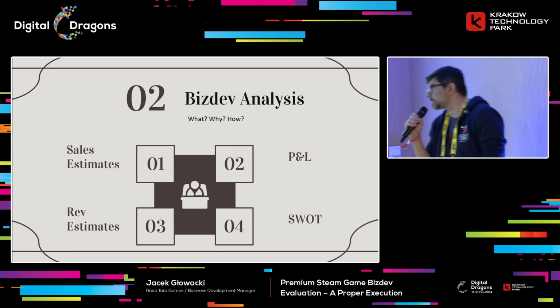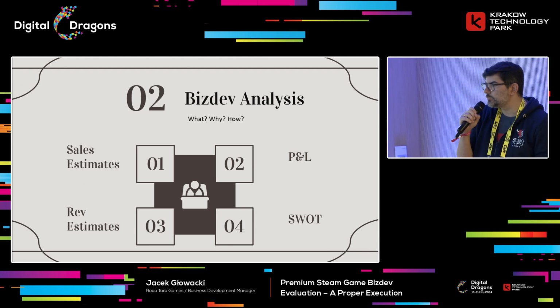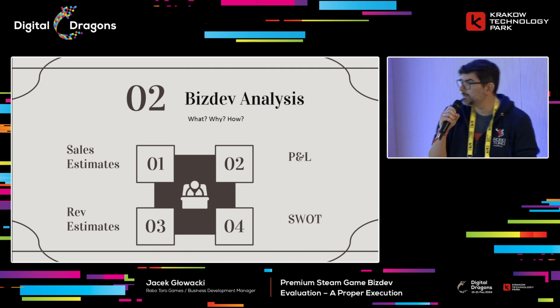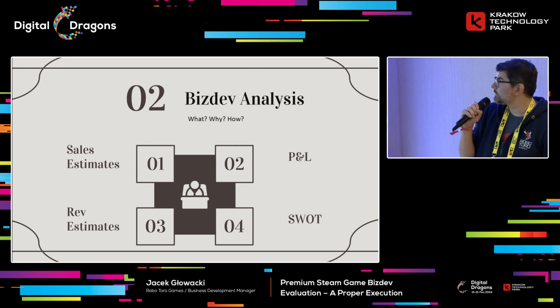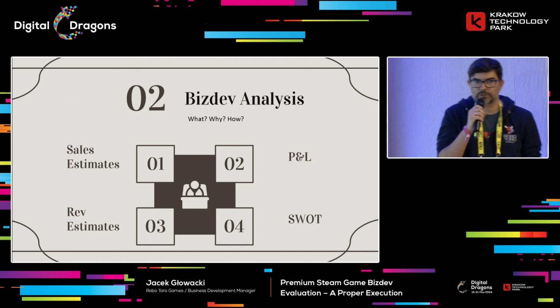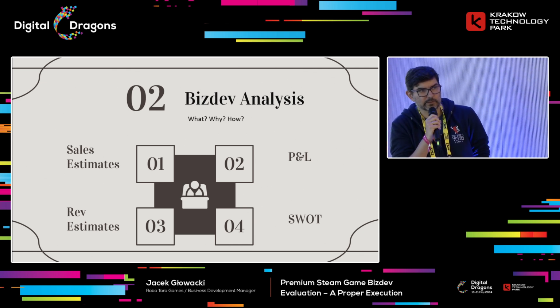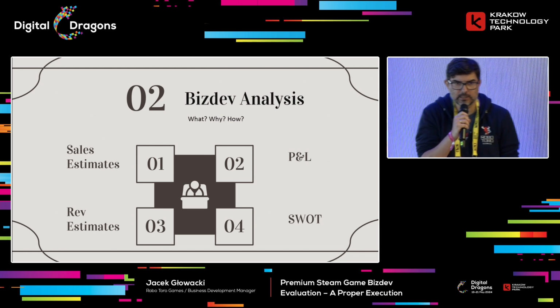So Bizdev analysis contains several documents. I usually make 5 or 6 of them, but we'll go through every single one of them individually, basically, to give you that information. That will give you sales estimates, ref estimates. You'll be able to do your own P&L, which means profit and loss. Profit and loss is a very important document that will give you at least one super crucial information, which is break-even.